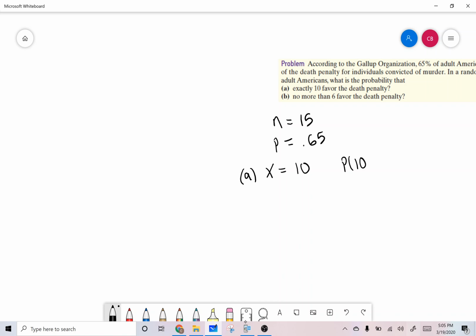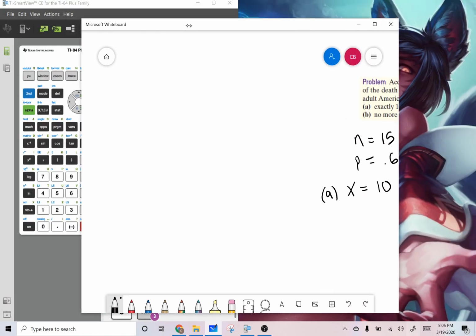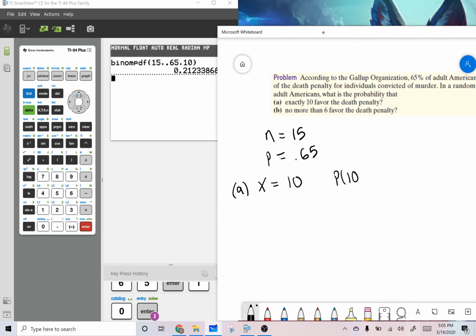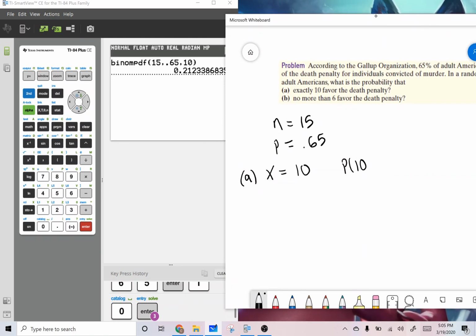P of 10 is equal to 0.2123. So that means that if you asked 15 people, 10 of them would say yes about 21% of the time.